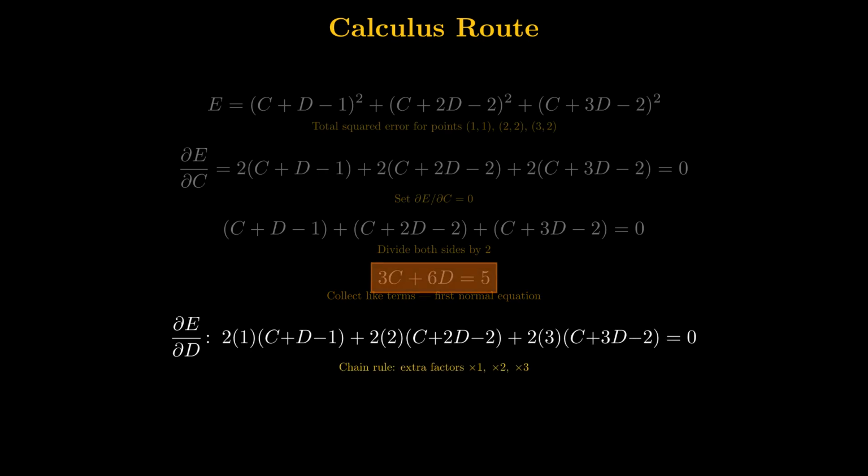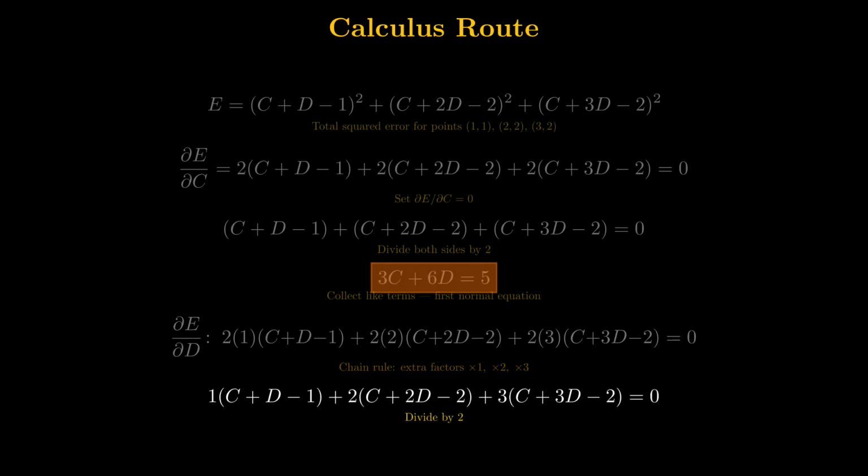Now for the partial of E with respect to d. By the chain rule, each term picks up an extra factor, the coefficient of d inside that bracket. That's 1 for the first term, 2 for the second, and 3 for the third. So we get 1 times the quantity c plus d minus 1, plus 2 times the quantity c plus 2d minus 2, plus 3 times the quantity c plus 3d minus 2, equals 0.